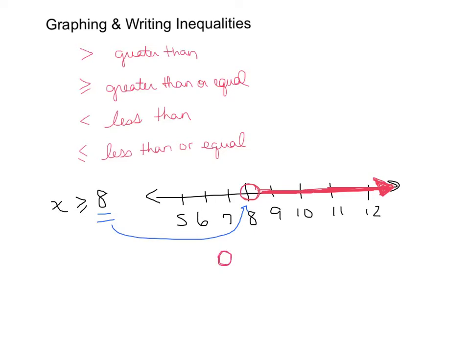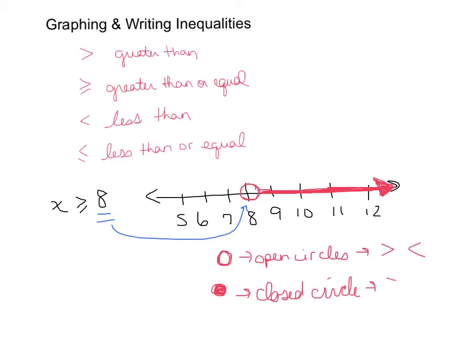There's going to be an open circle, which we're going to use if a value is going to be greater than or less than. And there's something called a closed circle, which we're going to use if it's greater than or equal to or less than or equal to.